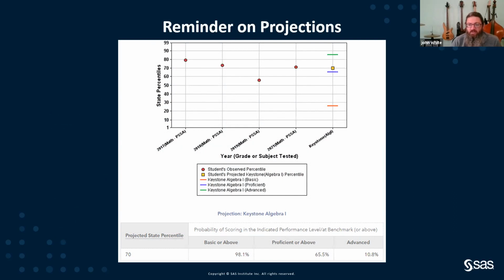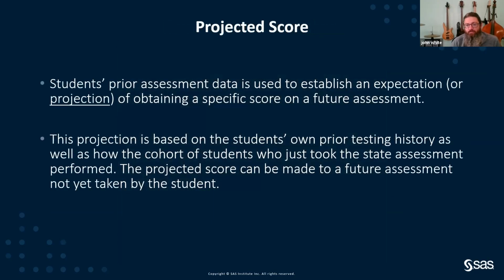So you can see that they're projected to score just above that proficient line and have a 65% chance that they would be proficient or higher on that Keystone assessment when they were to take the Keystone assessment. And that's based on the average schooling experience and their own prior testing data.